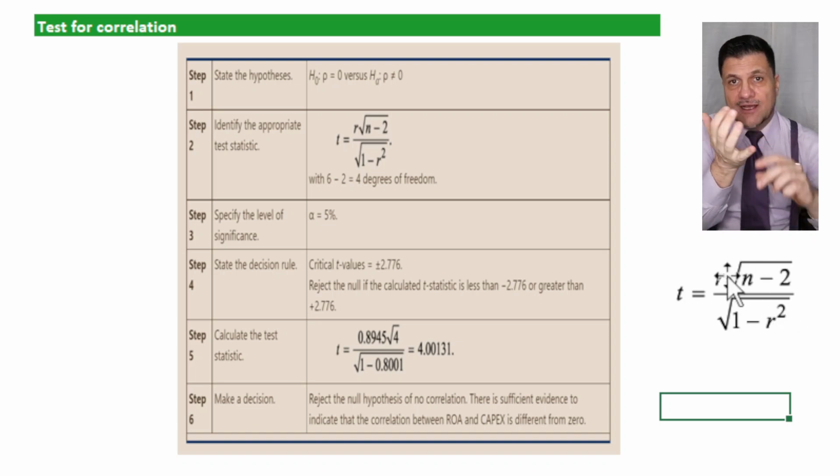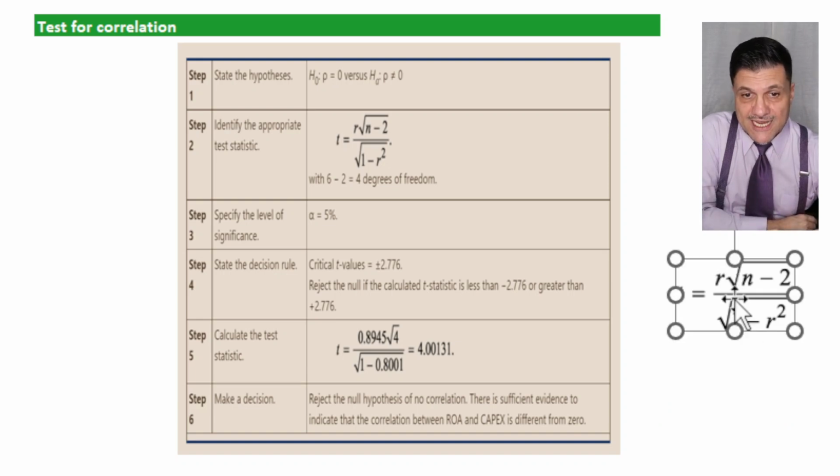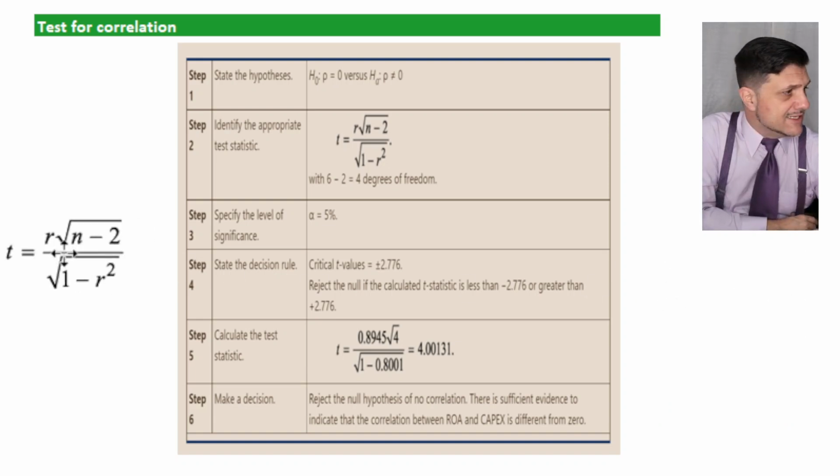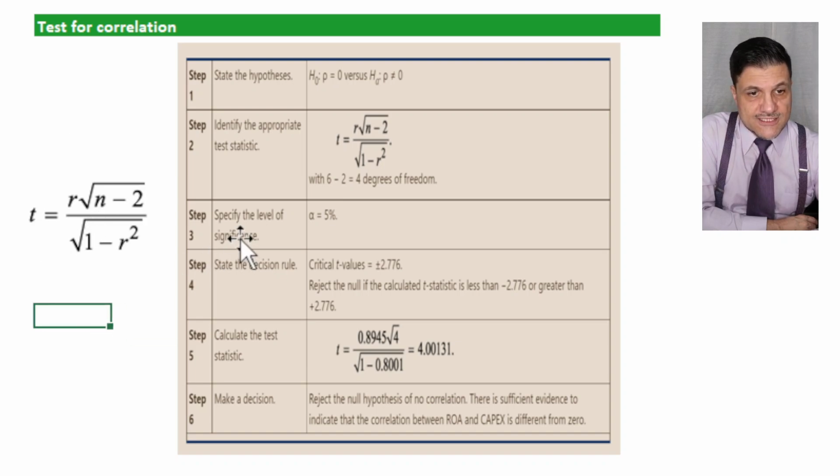Now you identify that the question is asking you for a parametric test of correlation, okay? You define H0 correlation equals 0, HA correlation different than 0. Second step, you find the test statistic with this formula. You're going to put the formula on the side. You're not going to do anything with this formula until you collect the data on step 5. On step 3, I define the level of significance.